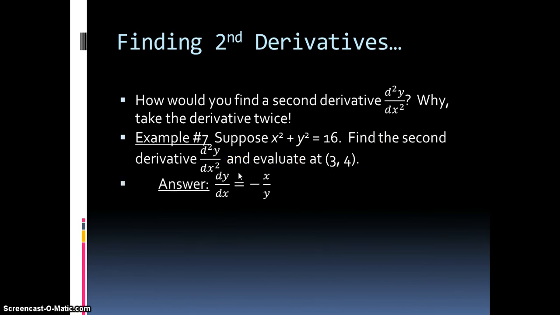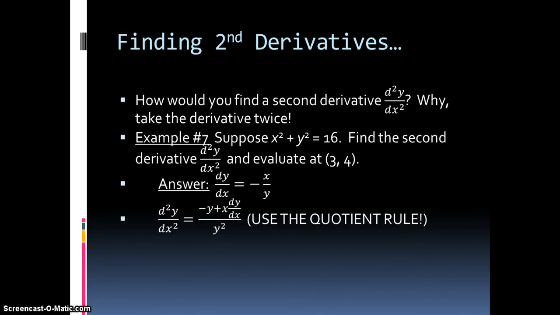Well, the first derivative is one that we've seen before: negative x over y. We saw that on one of our earlier slides. To find the second derivative, we will need to use the quotient rule. We've got a top function, a numerator, x, and a bottom function, y.